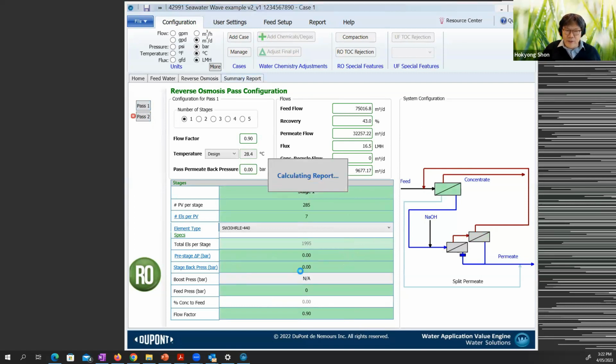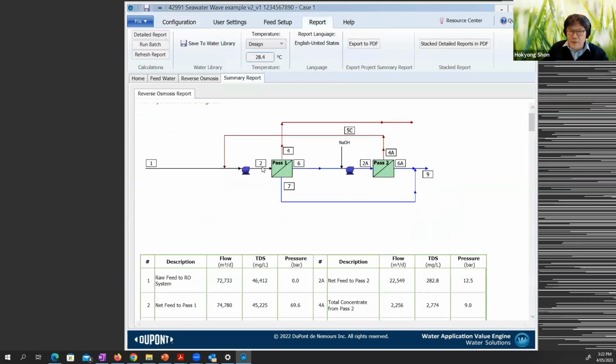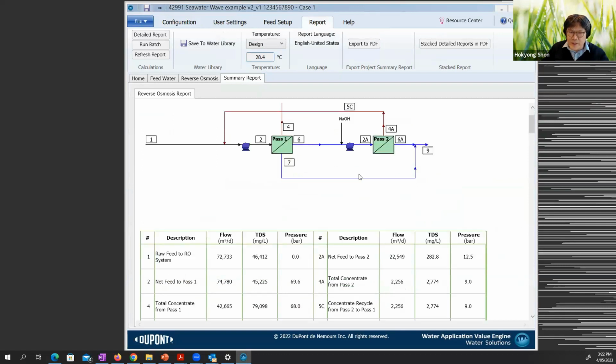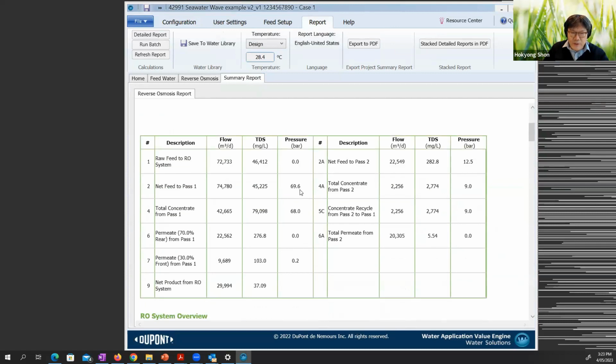Then what's your summary report? When you give a stage back pressure of 3 bar or 2 bar, 1 bar, then what changes in your summary report? You can see what the pressure is in each area. You don't give a 69 bar, right?